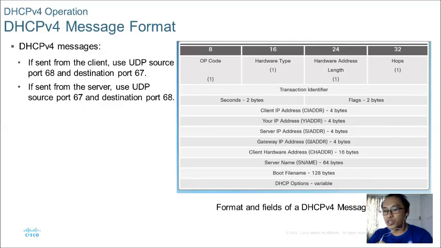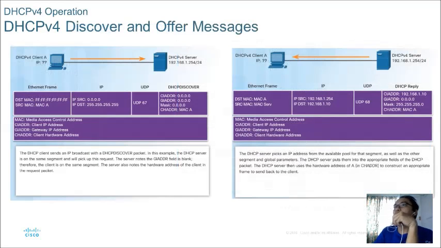And there is a specific port on which your DHCP passes, and that is the source port of 67 and destination port of 68. Okay, sige. So this is how the discovery and offer messages are being sent to and from the DHCP. Okay, we already know this. This is very understandable. All you have to do is to read. Okay.